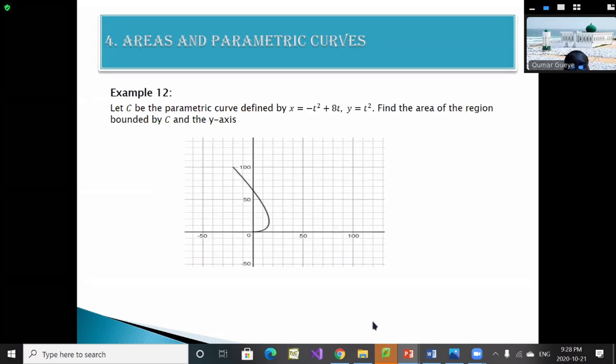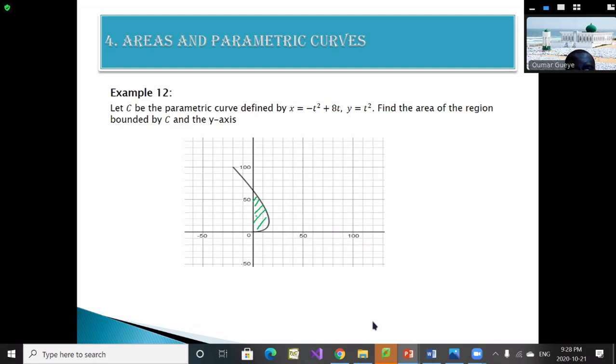All right, so here again, we want to calculate this area between the curve and the y-axis. It means you have to apply one of the previous formulas.